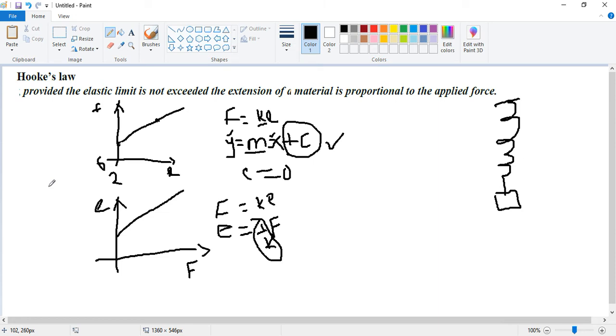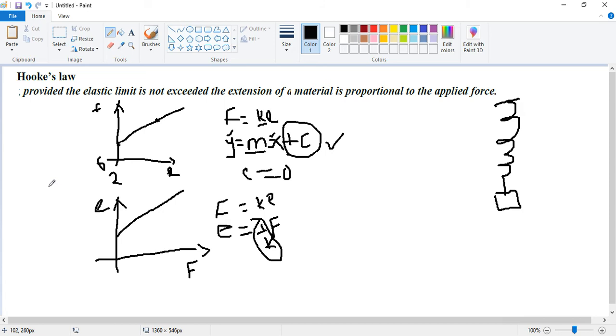So first of all, it is a straight line. Number 2, it starts from the origin. So if c equals 0, the line passes through the origin. That means it has no y-intercept. If it has no y-intercept, it means force is proportional to extension.